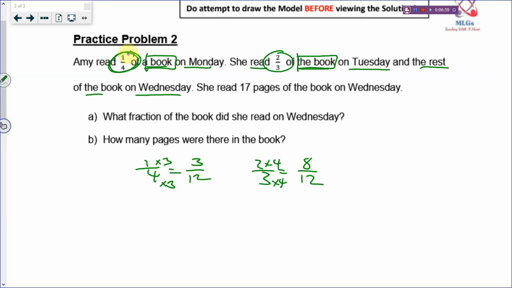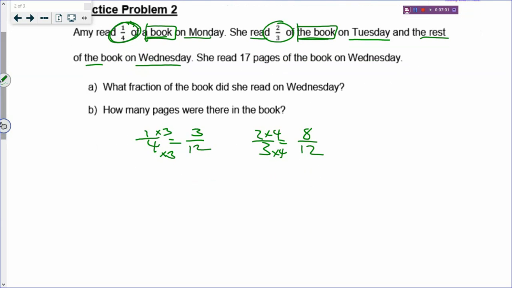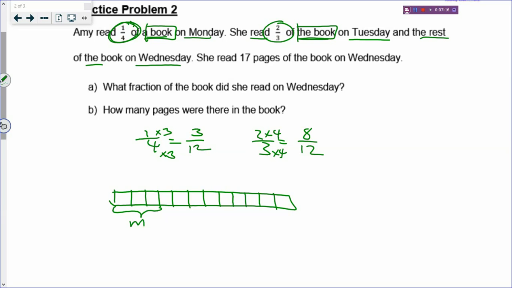Alright, so how do we draw the model using the two fractions? Very easy. A rectangle for the whole book, cut into 12 boxes. So you have 1, 2, 3, 4, 5, 6, 7, 8, 9, 10, 11, 12. And 3 boxes was read on Monday. And then another 8 boxes. So 1, 2, 3, 4, 5, 6, 7, 8 until here was read on Tuesday.